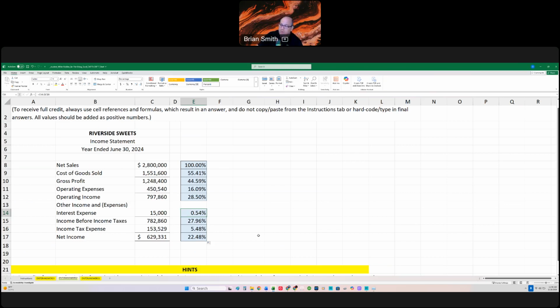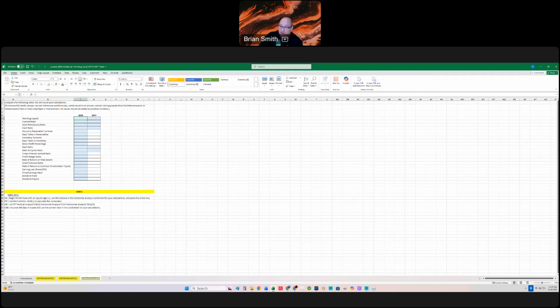So our net income is a little less than a fourth of our total net sales. Whether that's good or bad is for your industry to determine. If you're in an industry where your profit margin is higher or lower, that's when you start comparing and considering that.